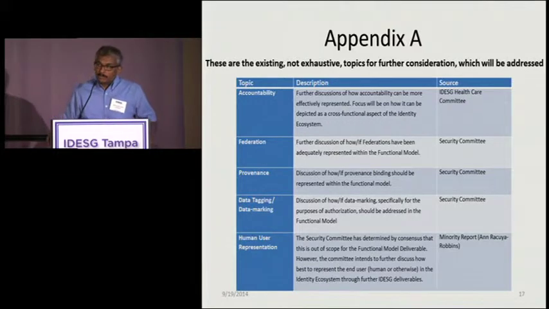So that's one more item that we see that it's pending. So effectively, what's being shown on this slide is a change that will go into the 1.0 version of the functional model document. Any questions?